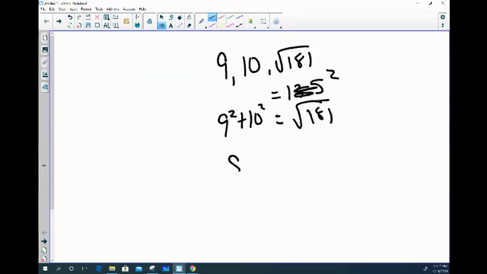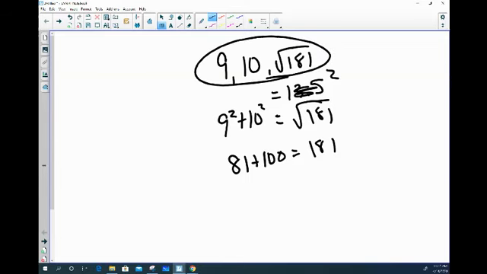So 9 times 9 is 81. 10 squared is 100. 100 plus 81 is 181. Is this a right triangle or is it not? Well, the question was, it should be the square root of 181, not 181. So this is not a right triangle.